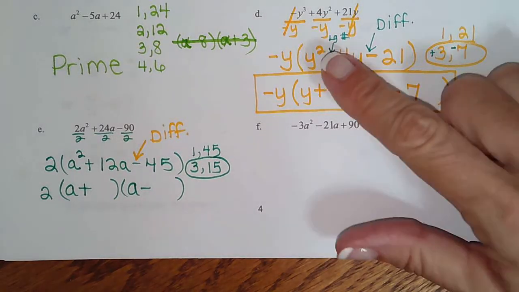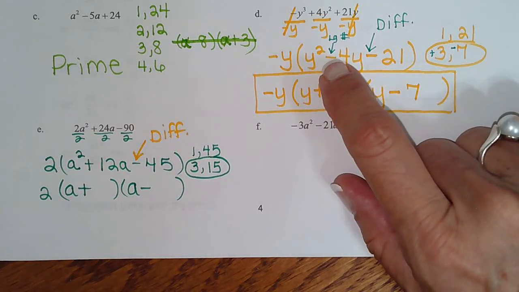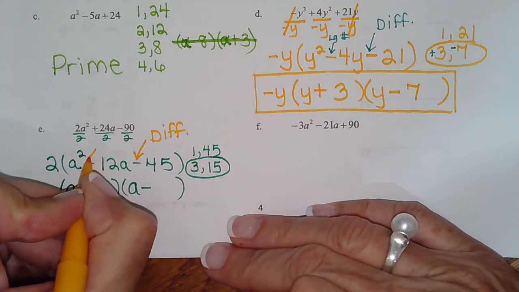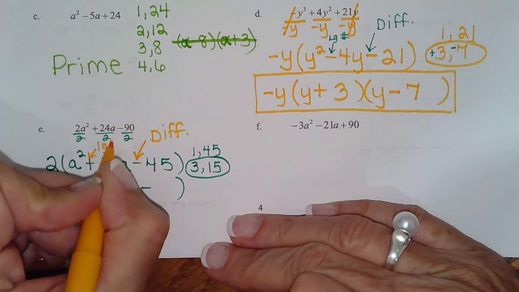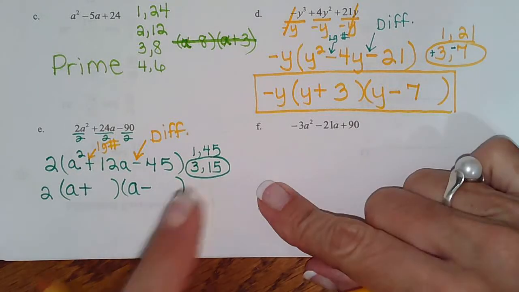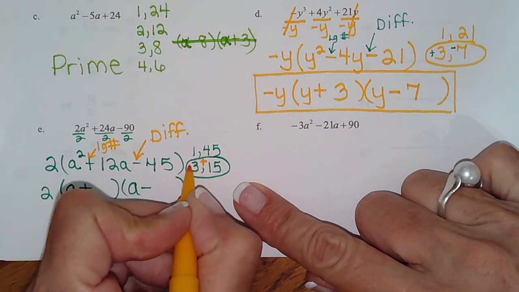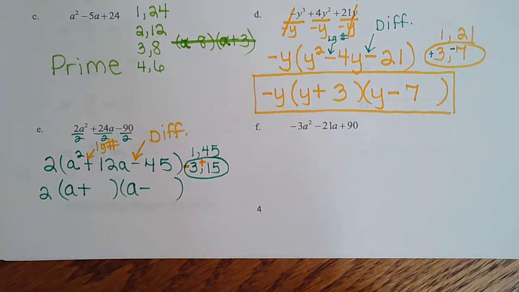Then I look up here and I go, oh yeah, whatever sign's there is always going to be the larger number. So this is the larger number sign. So then I go over here and go 15's larger, so it has to be plus, and 3 is smaller, so it's going to be negative.